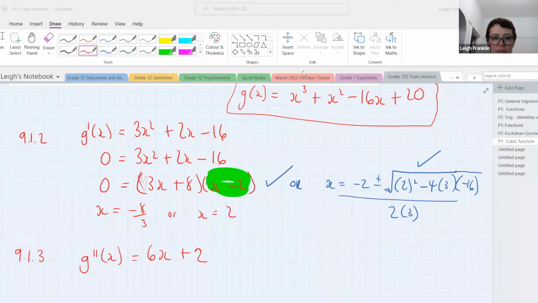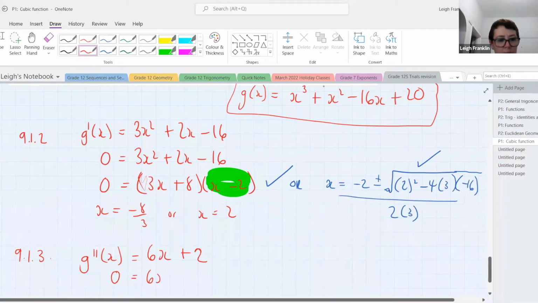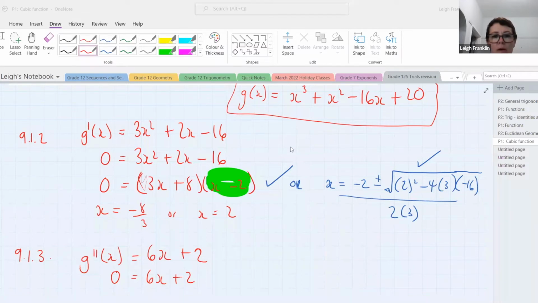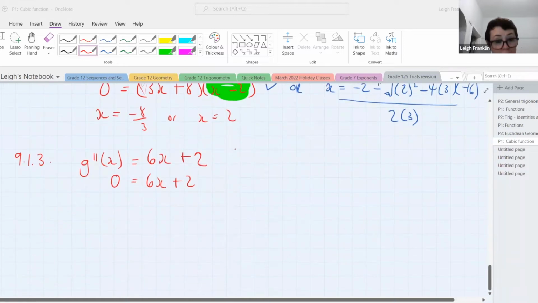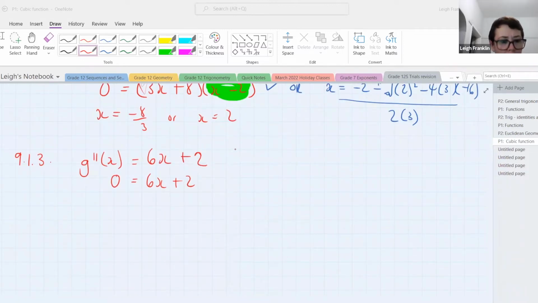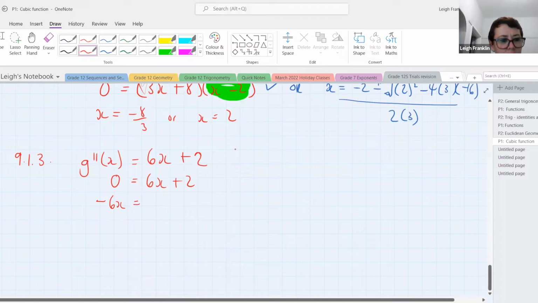Equated to 0. Good, lovely. And after we've equated it to 0, we would solve for x, wouldn't we? What would our answer tell us?